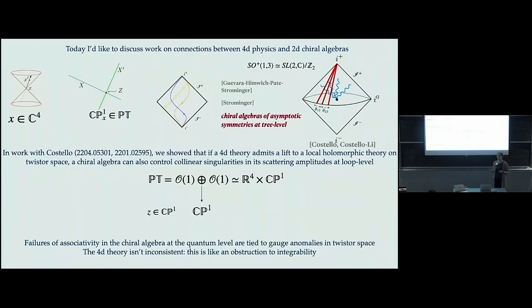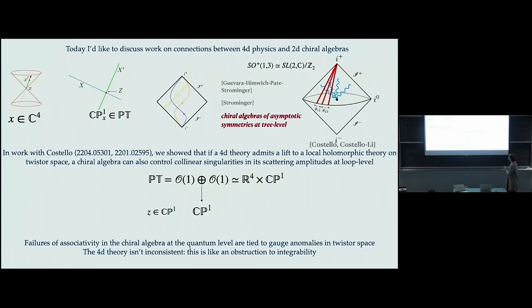In particular, it sees the poles that arise in the MHV sector, but we know that the wild world of amplitudes has quite a lot of interesting analytic behavior that might not be captured by a local chiral algebra. But there are four-dimensional theories that do have asymptotic chiral algebras that persist at the quantum level with a nice associative structure and that satisfy all the usual axioms of vertex algebras.